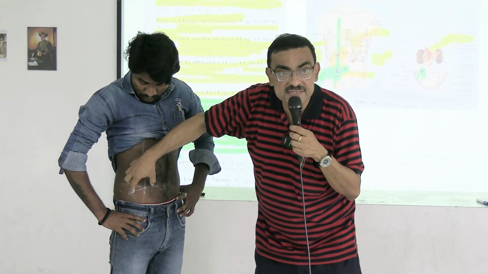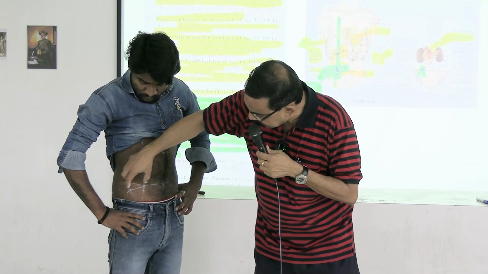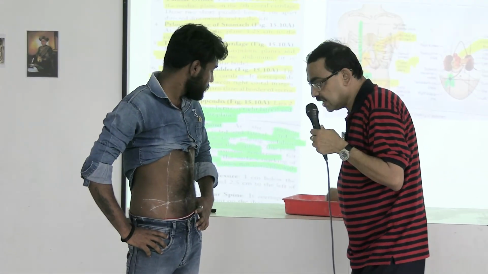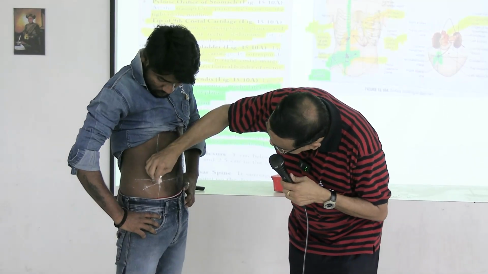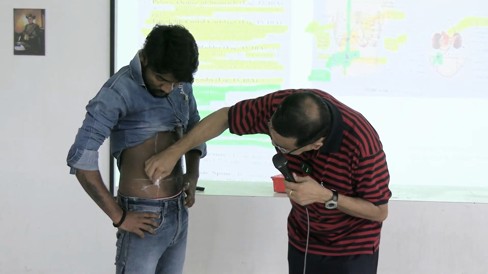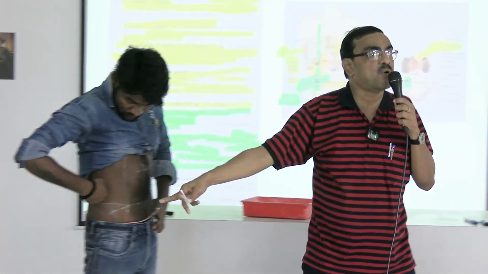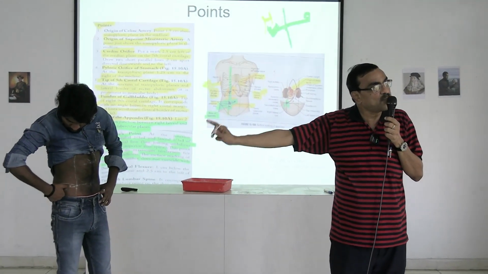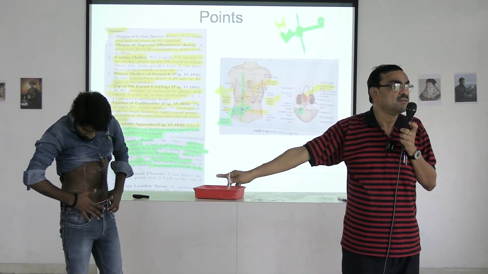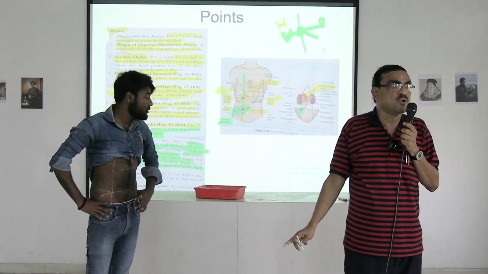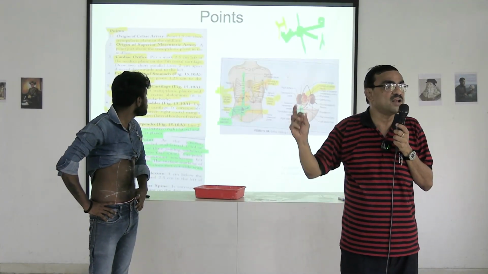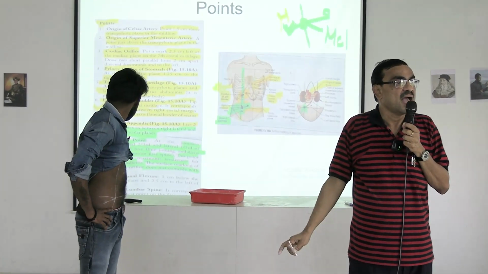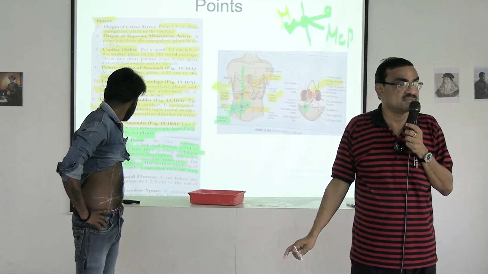If I divide this line into medial 2/3 and lateral 1/3, the junction between medial 2/3 and lateral 1/3, we can put a point there, and that point is nothing but McBurney's point. So McBurney's point is the point of maximum tenderness in case of appendicitis.